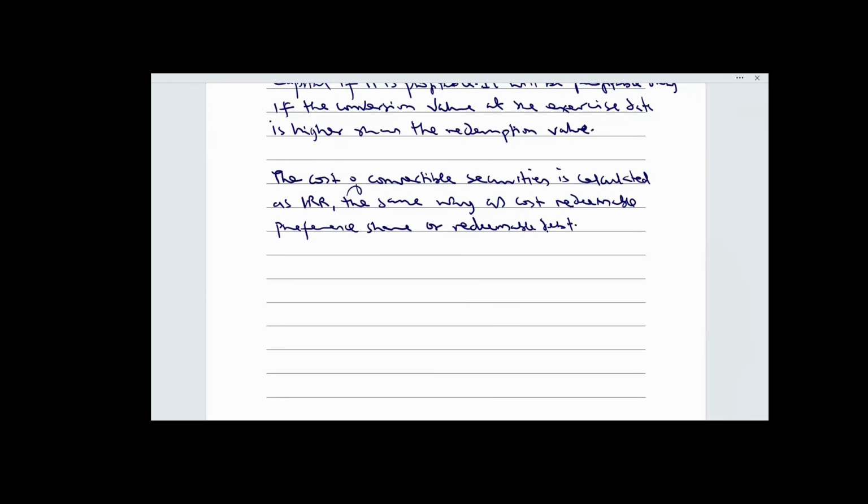Okay, so anytime you are asked to calculate cost of convertible securities, just go ahead and calculate internal rate of return. It's as simple as that. It's not difficult.